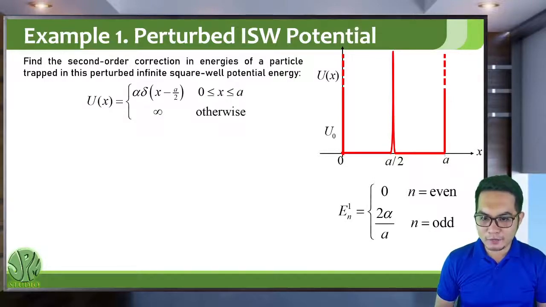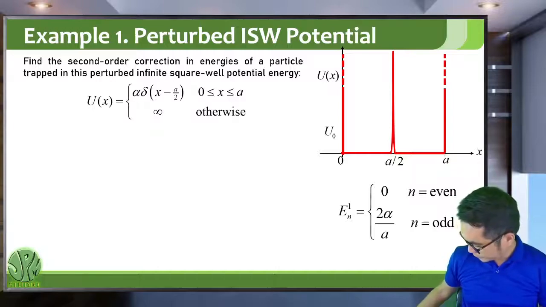So you have a correction of 2 alpha over a for odd energy levels. So E1, E3, E5, E7 have first order corrections, but the even energy levels have 0 corrections, or have no first order corrections.